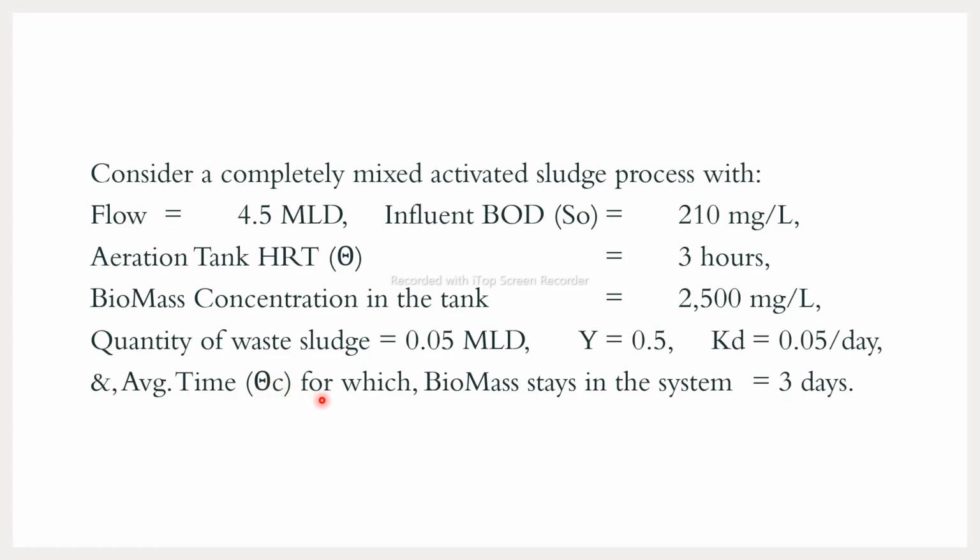Actually, two classes back we told the difference between theta, that is your hydraulic retention time, and theta c, that is cell retention time, or in some cases it is solid retention time or sludge retention time. Then it is given as theta s. We told that in that problem there was no difference, but in this problem you can clearly see the difference. So it is 3 hours and it is 3 days. You have to convert it into the same unit.